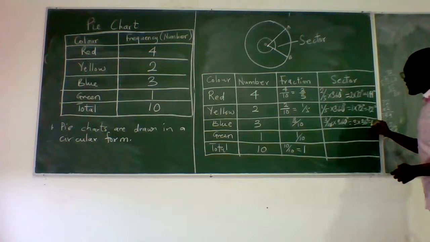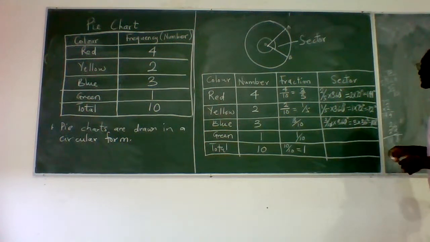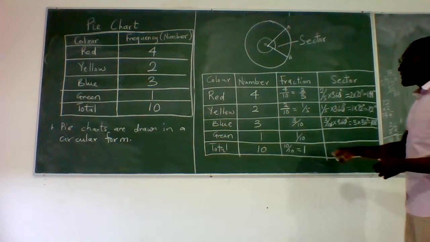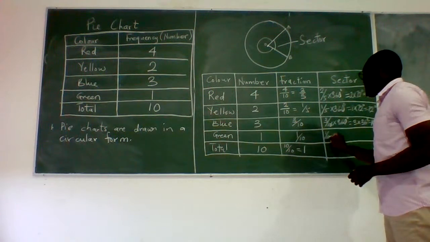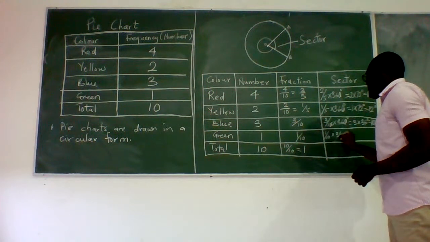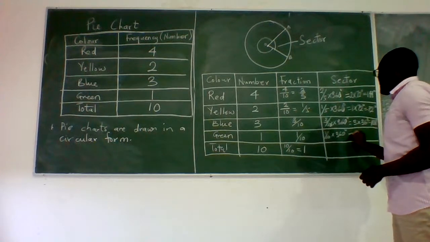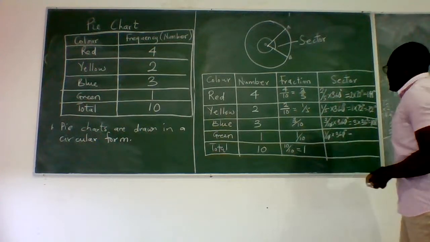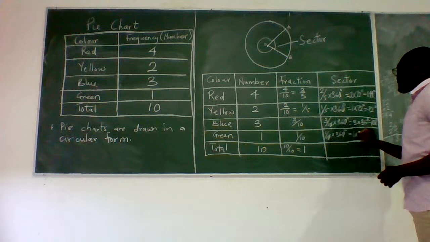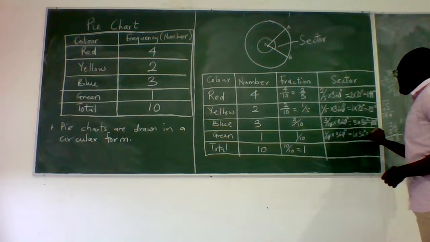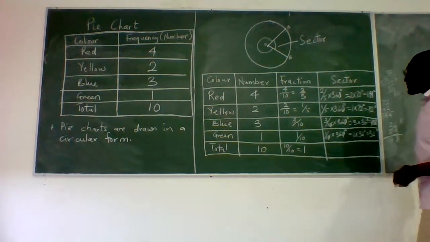So that gives you 108 degrees. And then finally, we have 1 out of 10 times 360 degrees. When we cancel out these zeros again, we just have 1 times 36 degrees, which is equal to 36 degrees.